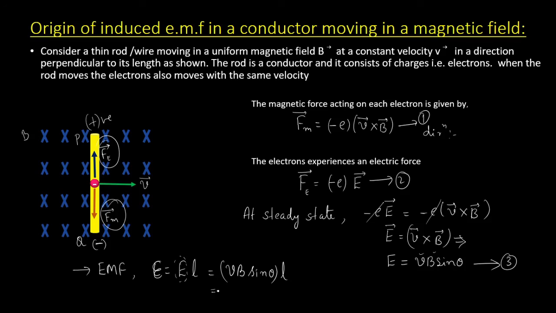So the EMF that is induced in a conductor moving in a magnetic field is given by the formula VBL sine theta, where L is the length of the conductor.